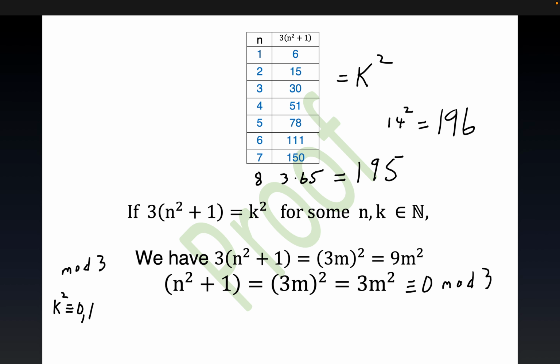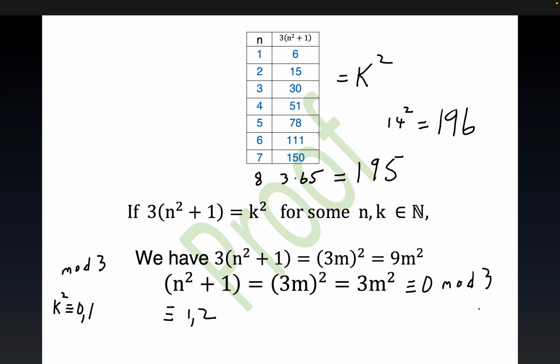When you check 2, you get 2 squared is 4, which is also congruent to 1, right? Now, you'll notice that means that this piece over here would have to be either 1 or 2 mod 3. You don't really have to check n equals 0, 1, and 2 because you already know that k squared is 0 or 1 mod 3. But anyway, this would mean that this guy right here is congruent to 1 or 2, and again, it's mod 3.